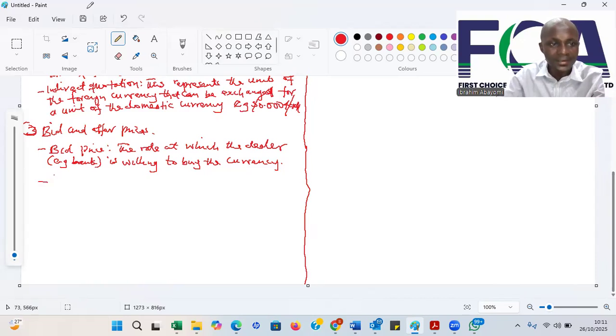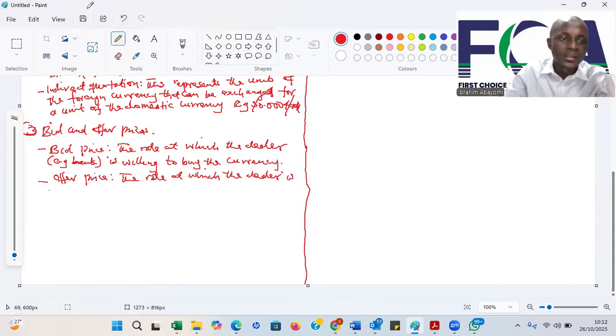While the offer price is the rate at which the dealer is willing to sell the currency.